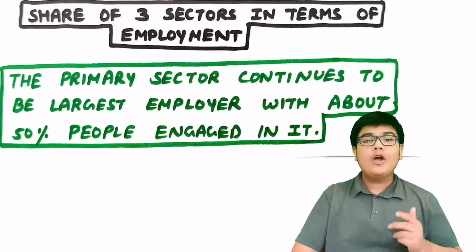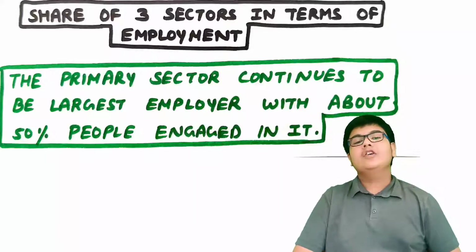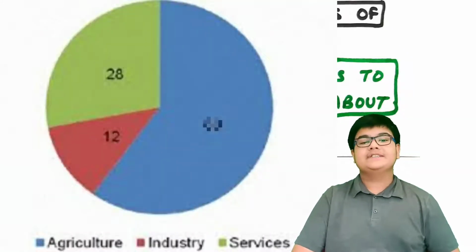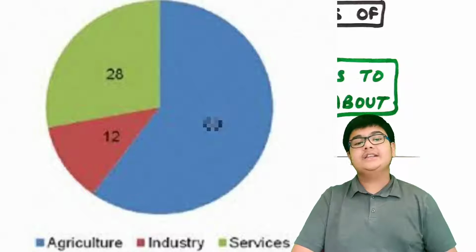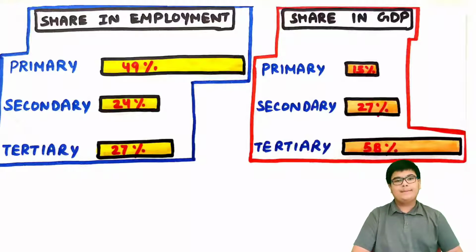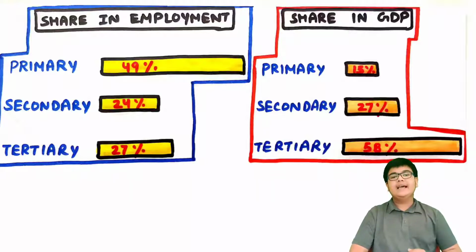In terms of employment, the primary sector continues to be the largest employer with about 50% of the population engaged in it. Now let us see the role of these sectors in terms of employment and in terms of GDP with the help of these two graphs.